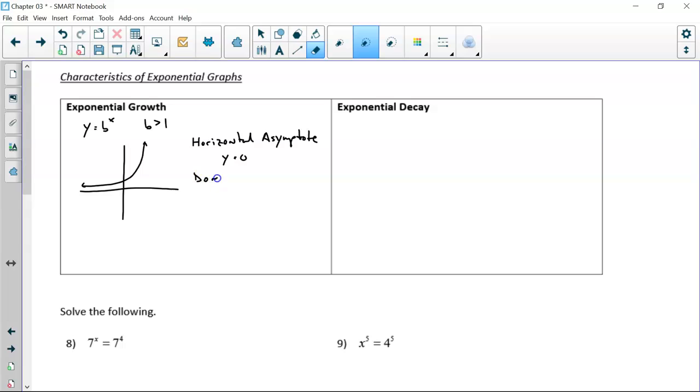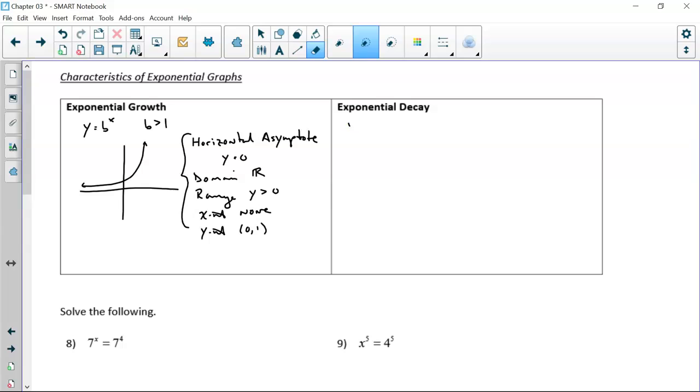The domain is going to be all real numbers. The range, y is greater than 0. For the x-intercept, there is none. And for the y-intercept, it's going to be at 0 and 1. Those are characteristics that all of these exponential growth graphs in the form of y equals b to the x will have.